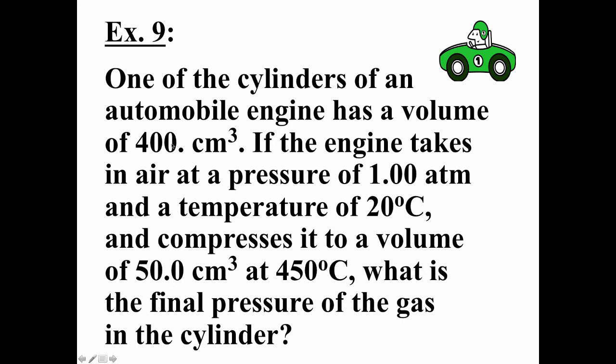Now note, the volume goes down by a factor of 8, so we'd expect the pressure to increase by a factor of 8 just due to the volume change itself. And then the temperature goes up, from 20 degrees Celsius to 450 degrees Celsius. Remember, we have to deal with this in Kelvin, but it's going to be something like almost 300 Kelvin to over 700 Kelvin, so it's going to go up by a factor of more than 2 for the temperature.